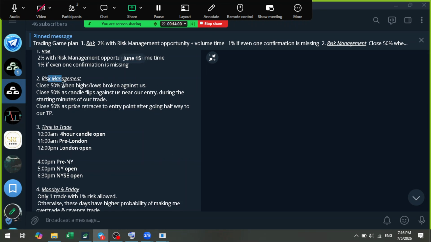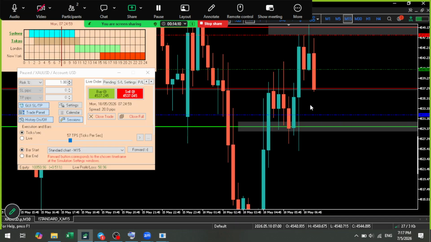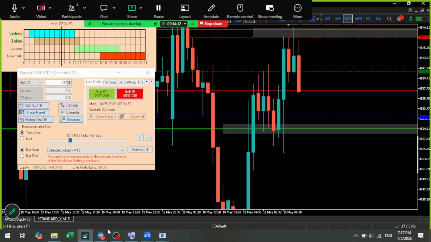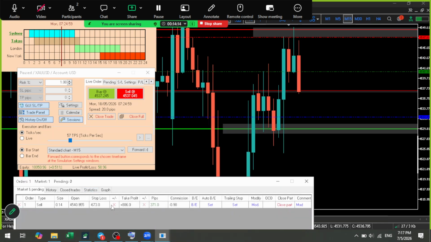Risk management, how are we going to manage risk? Close 50% as price retraces to the entry point after going halfway to our TP. Our TP is at 60 pips. It has gone to 30 pips. Currently it is in our favor, 40 pips. So if it tries to go back to our entry point, we will close some partials because we don't want our full risk to get into drawdown after going in profits.